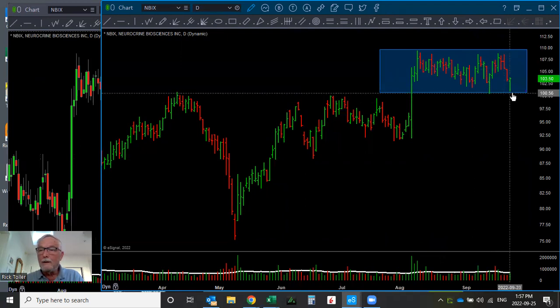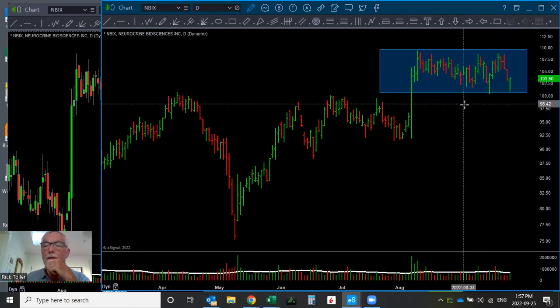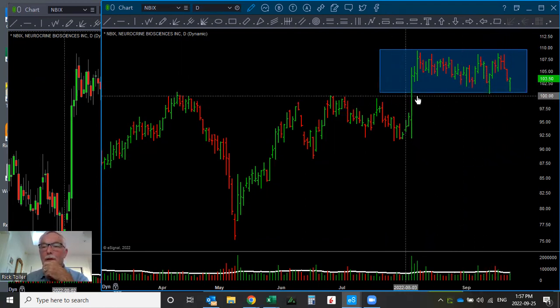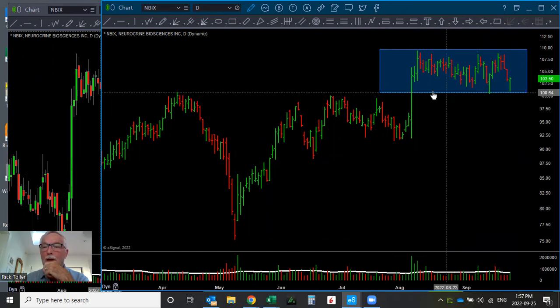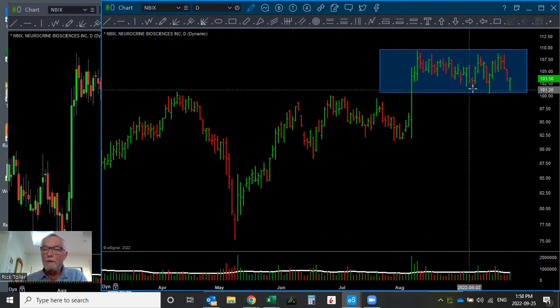Then the same thing on Friday. Tried to get down here and then closed back up near the top of the day. So what is this telling me? There is some institution that is willing to support, saying basically sell me all the stock you can at around $100. I'm a buyer. So that's good to know.